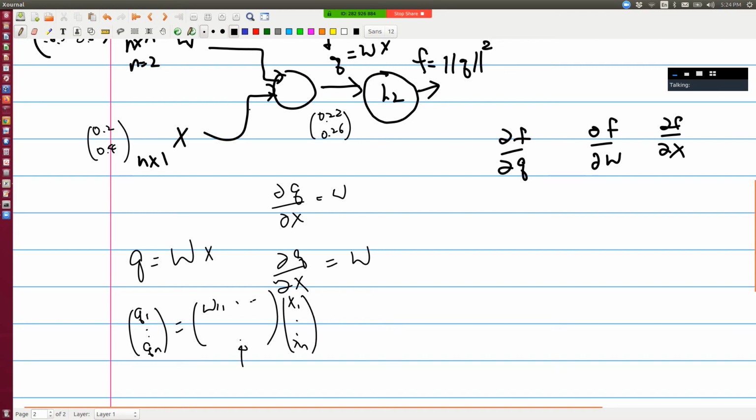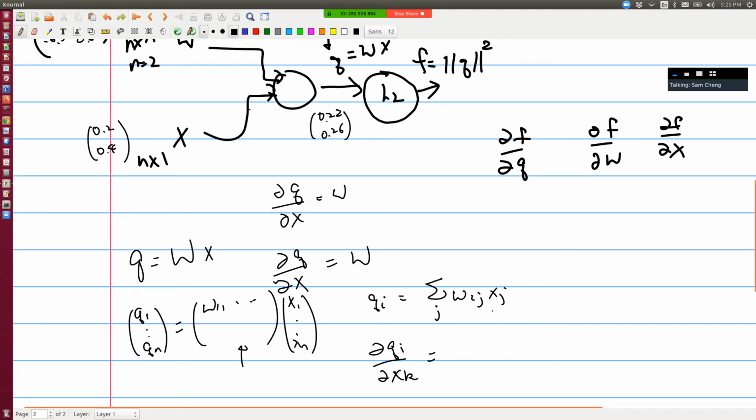Therefore qi is equal to the sum over j of Wij xj. Then if I take the partial of qi with respect to xk, what will I get? I basically will have a delta function of kj.